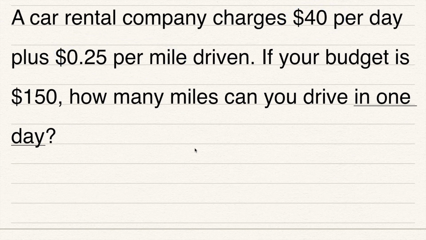The cost per day is going to increase consistently times the number of days, and the cost per mile will increase per the number of miles. We know the number of days, so one day, how much will I pay? It's going to be $40 plus the number of miles. So here we're going to set up a linear equation. The amount changing is the 25 cents per mile. This gives us a slope.